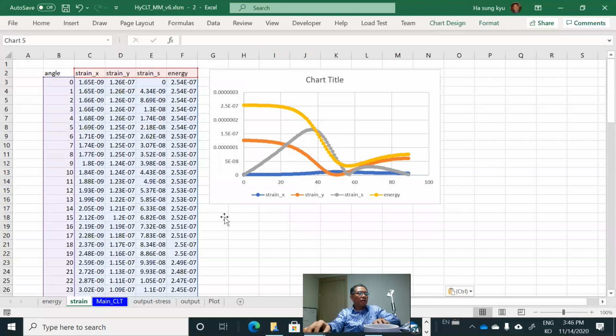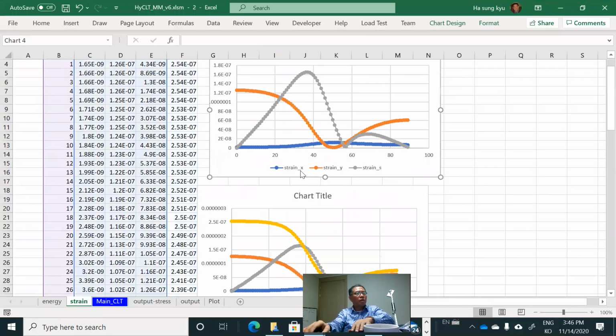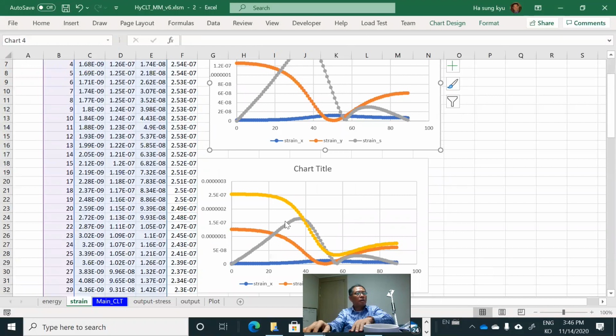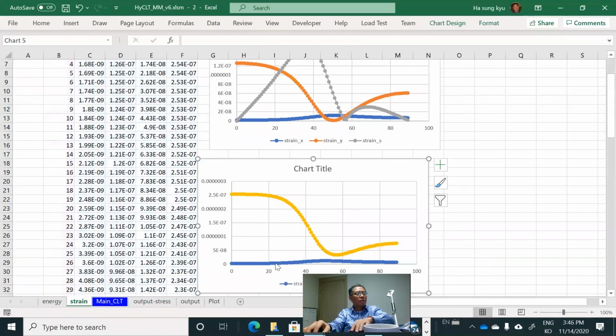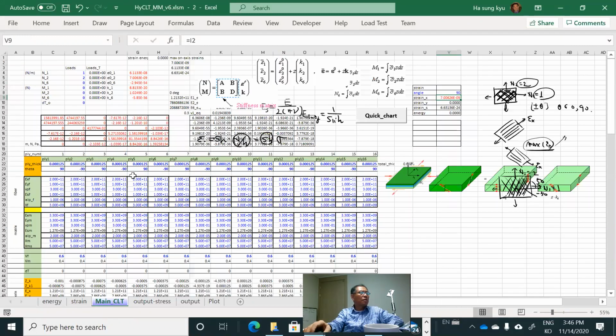I'm going to separate the strain. The strain is not the same physics, so we separate it. Double check.